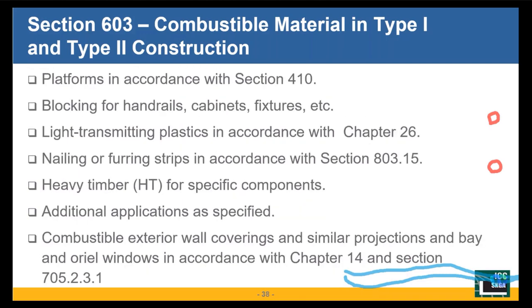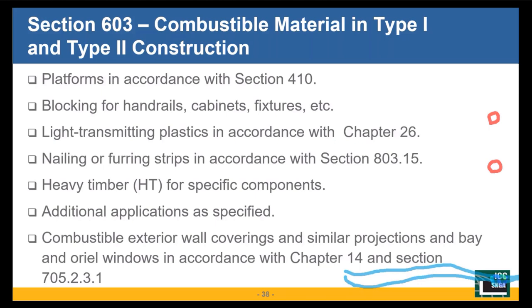So again, platforms in accordance with section 410, blocking for handrails, cabinets, fixtures. So if you have, say, disabled access handrails in the bathroom and you need to put blocking for anchorage purposes, then you're allowed to use combustible materials like 4x4 or 2x4, light transmitting plastic in accordance with Chapter 26, and that's, of course, combustible.